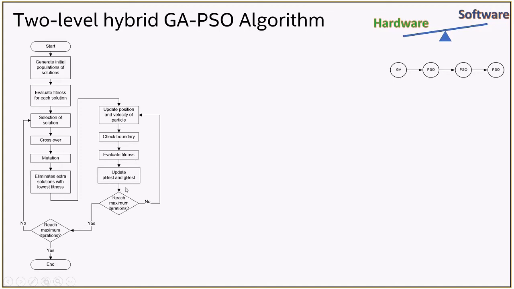If it didn't reach that iteration, it will keep repeating the same thing. Once it reaches, it will go back to the genetic algorithm. If it found a valid solution, it will stop, else it will get crossover again.